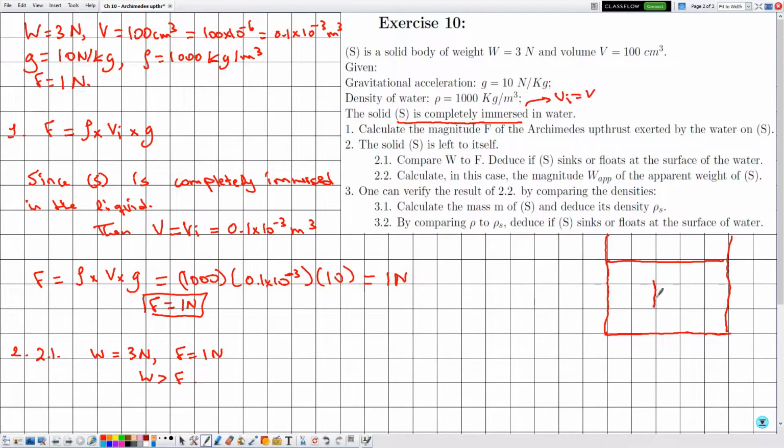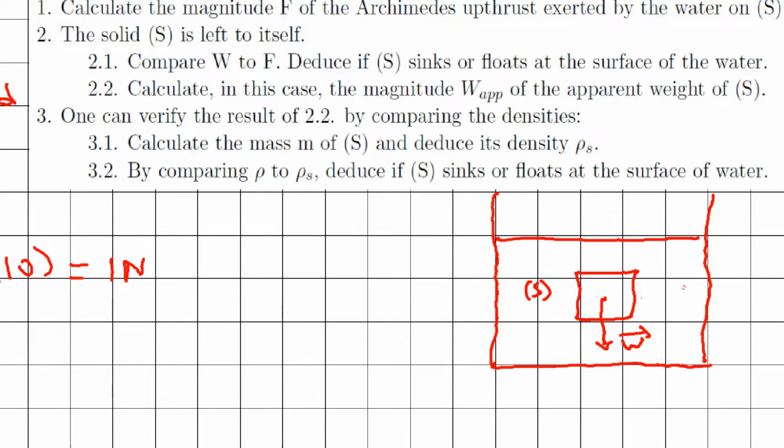This is the solid S. The forces exerted on S are the weight acting on the center of gravity vertically downward, and F acting on the center of gravity of the immersed part. This is the immersed part. It has the same point of application as the weight W, so F acts vertically upward like this.